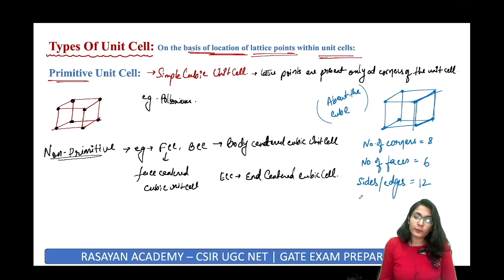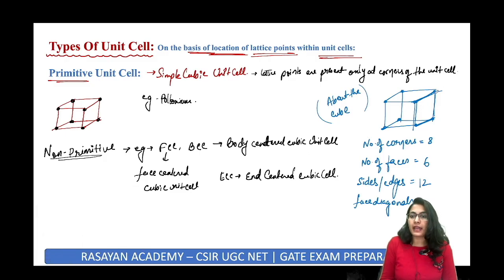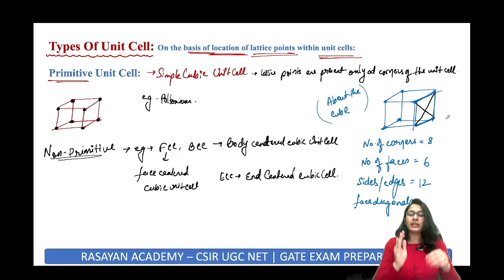Then we are going to talk about face diagonals. How many face diagonals? See, each face of a cube can have 2 diagonals. So how many faces are there? 6. So 6 into 2 is going to give you 12 face diagonals.